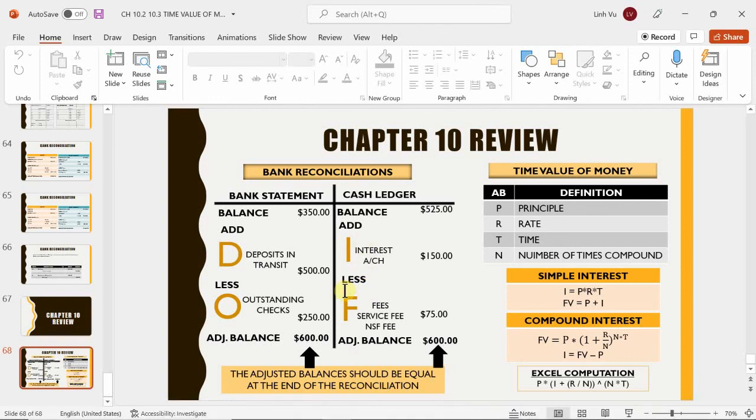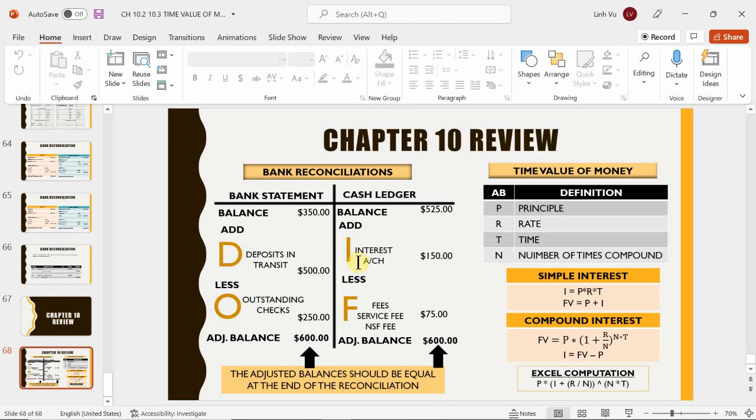Interest and what else? What is this? Fees or lease? What does it say right here? Interest and what else? What is right under interest? Interest.